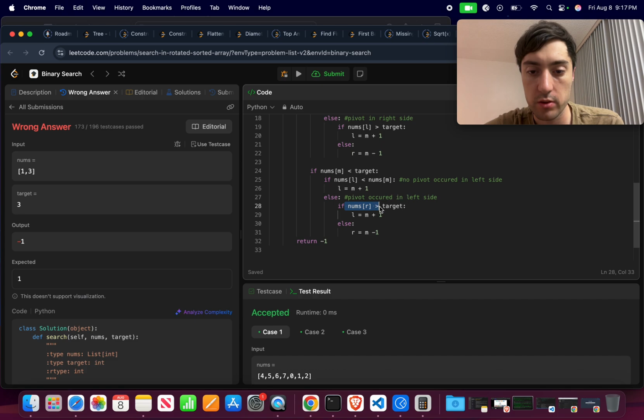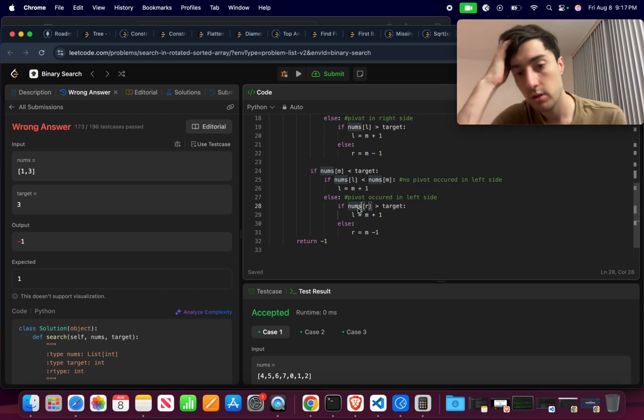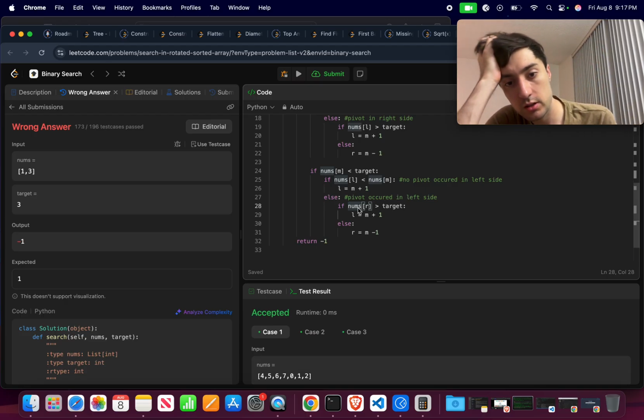So if nums of right, so the pivot occurred in the left side, so I'm going to look towards the right side because I know that the right side is always increasing. And my midpoint is too small, okay? It's too small, so I want something bigger.